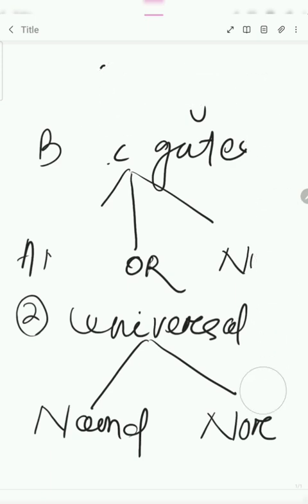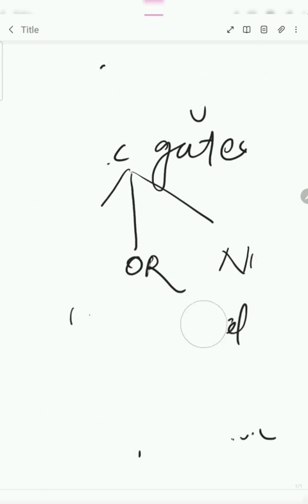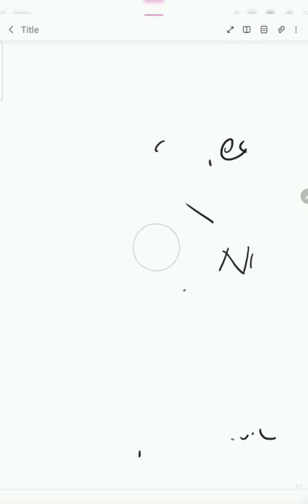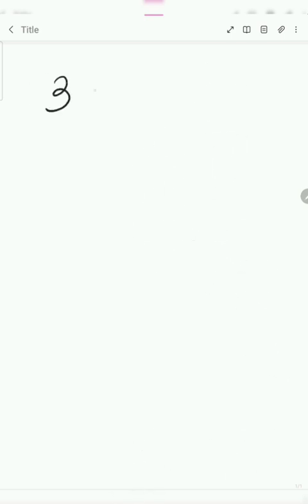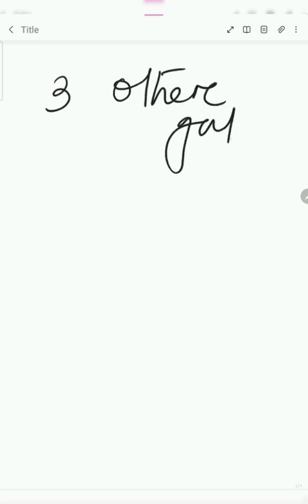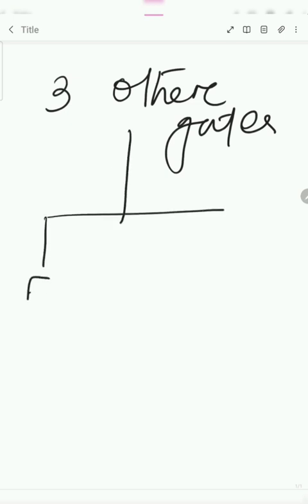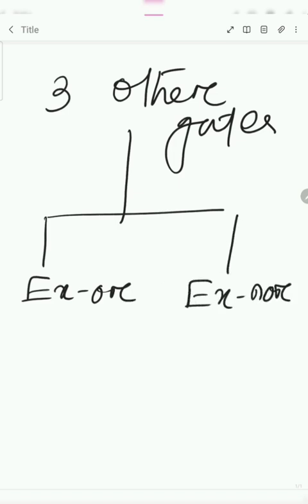And the last one is the other gates. Other gates are also of two types: XOR gates and XNOR gates.